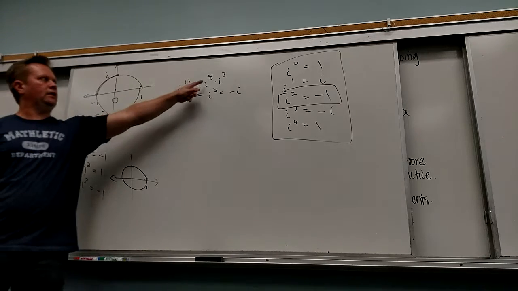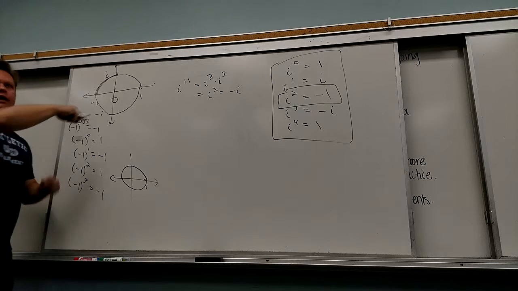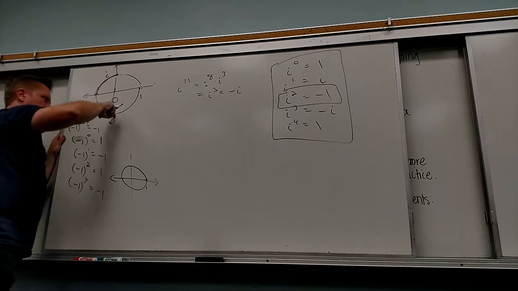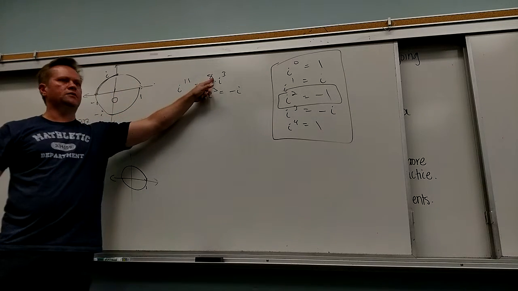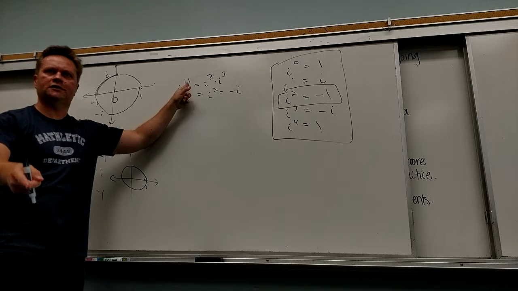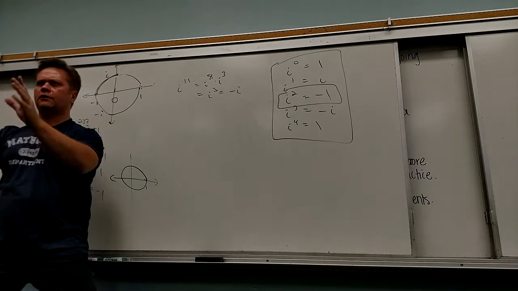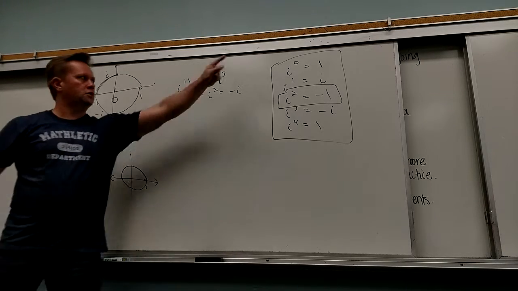So by taking out every 4, I'm not rotating. i^11 means go around twice and then 3/4 of the way. Why would I do that? Let me take out all the 4s. Let me divide it by 4 and see what's left. And that's where I really end up. Let that make sense, even though i, square root, and negative, all this weird stuff, but we just see a pattern.